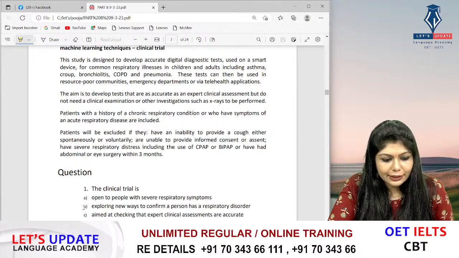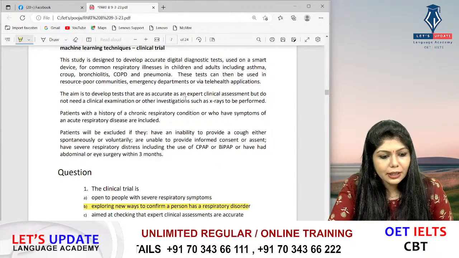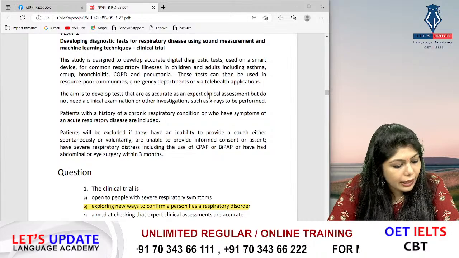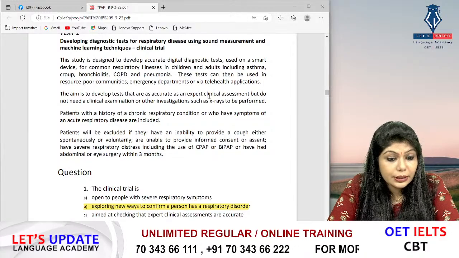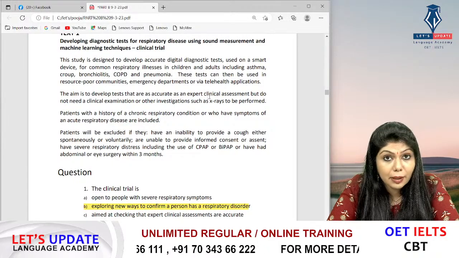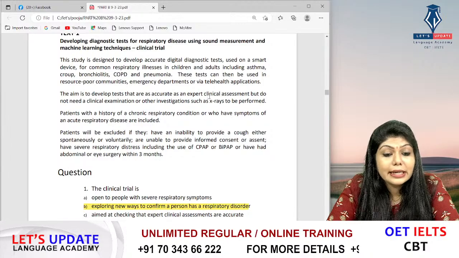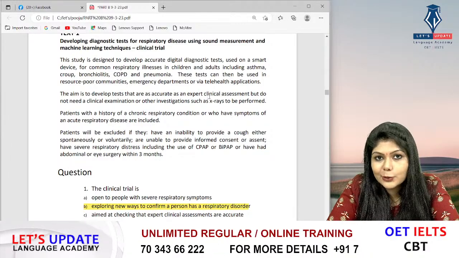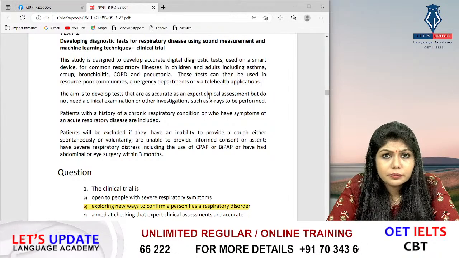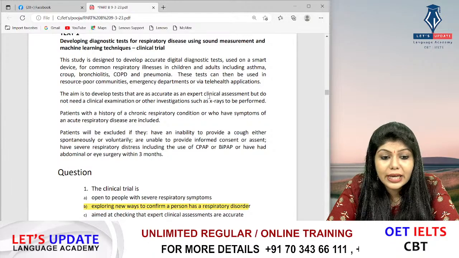And the reason for the answer being B is that, basically, here they have introduced us to digital diagnostics. That is, this study is designed to develop an accurate digital diagnostic test. So they are introducing us to the idea of coming up with a new diagnostic test.